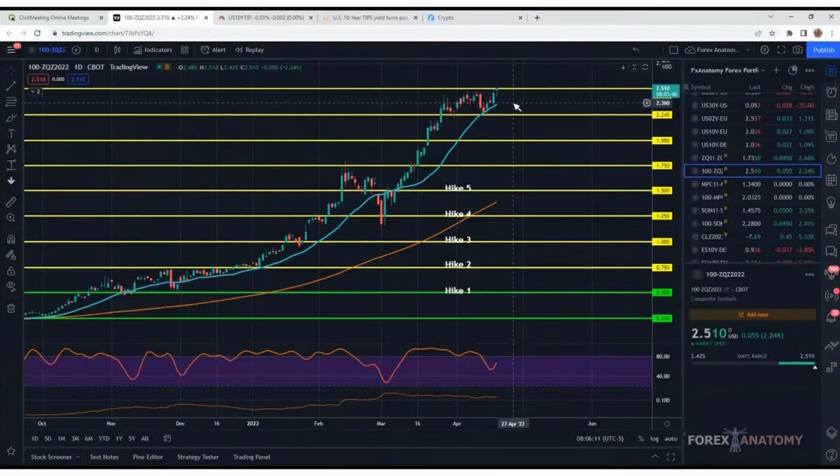Of course, this is all in 25 basis point increments. We know some of these would be 50 basis points, but this just lets us know how aggressive the Fed wants to be. So it's just going to be interesting. We're still seeing this aggressive interest rate hike expectation. That's always going to put pressure on stock rally, stock gains, as we see financial conditions tighten some more.